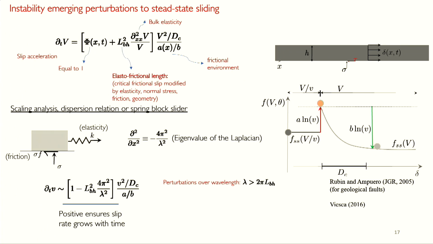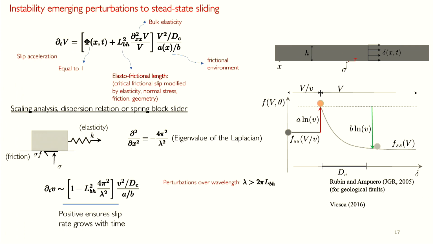When we do this, we find that one of the modes could be written just like that. And you can see here that the sliding rate with respect to time evolves through this expression, and a positive value of this bracket ensures that it grows with time always.